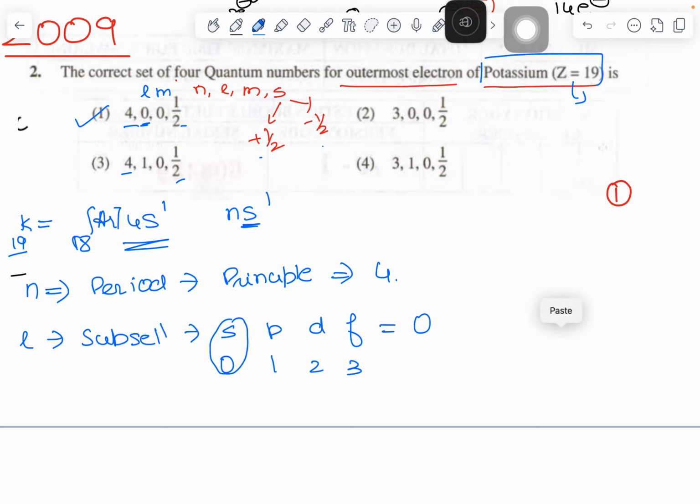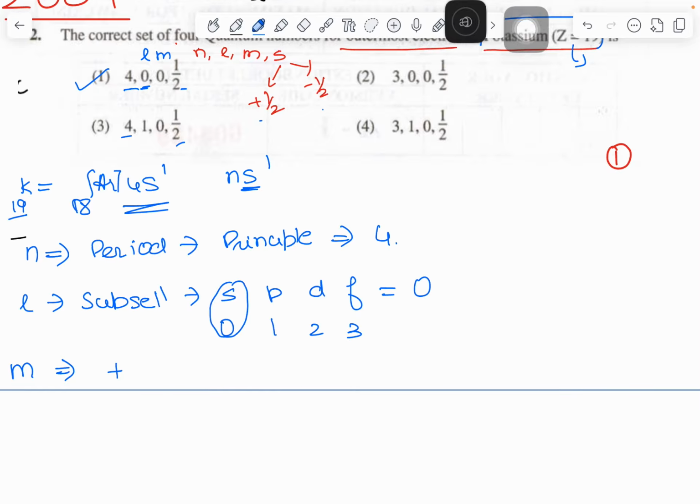But let's see the magnetic quantum number. It talks about the magnetic property or magnetic moment. Now here the value goes from plus L to minus L. Let's take an example. If L is 3, then the M value will be plus 3, plus 2, plus 1, 0, minus 2, okay, wait, I have made a mistake.